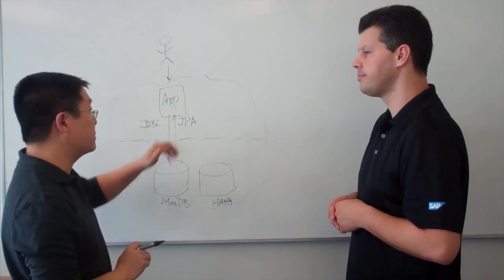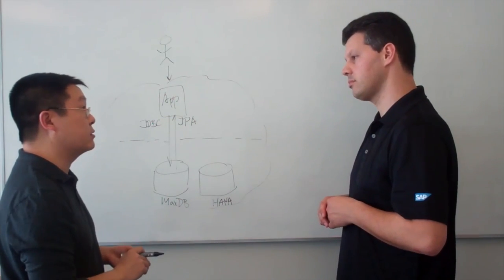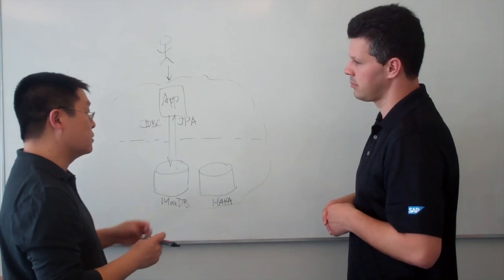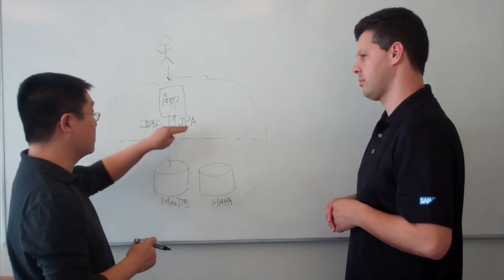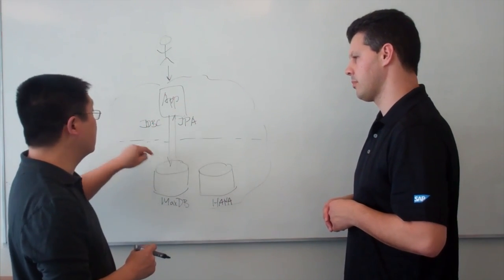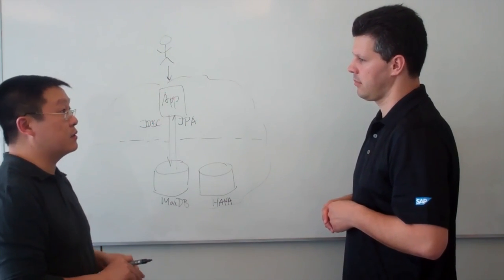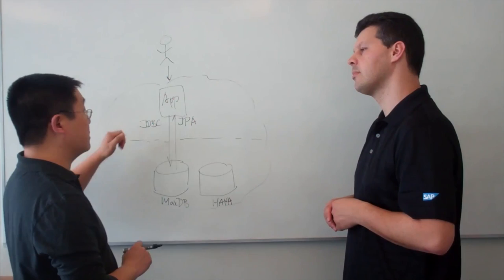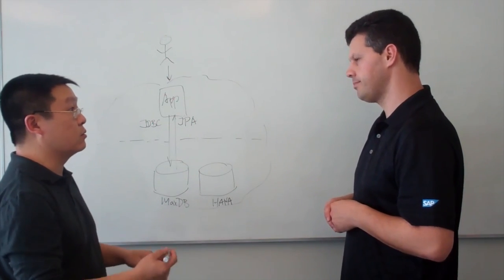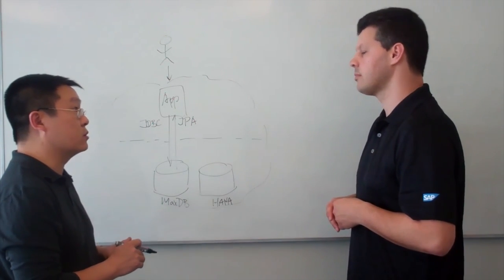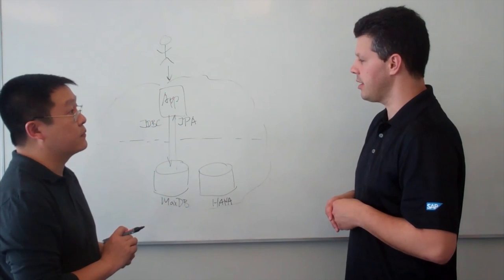Yes, and JPA has a higher level of abstraction over the database, so you don't have the database specifics. But if you need some HANA-specific features, you may use plain JDBC, and you have to know which features are supported and which not. Okay. So that's how you do it.